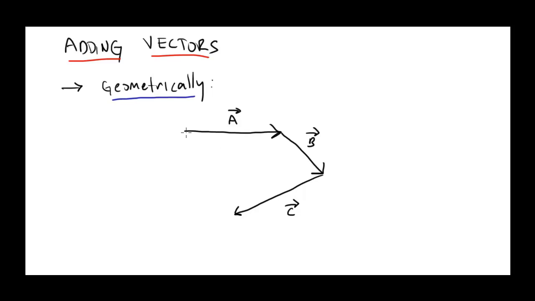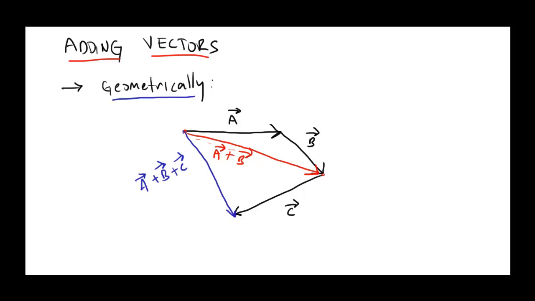So for instance, A plus B would be, if this is where A starts and this is where B ends, then this vector, we'll just do a solid line, that vector right there would be A plus B. And if you wanted to do all 3 of them, A plus B plus C, then here's where A starts, here's where C ends. So this here would be A plus B plus C.